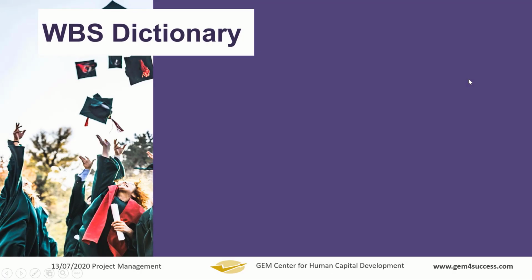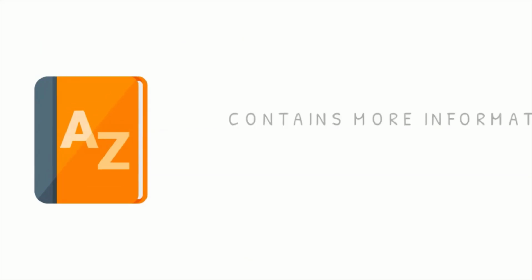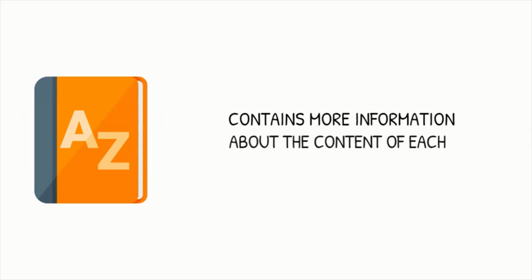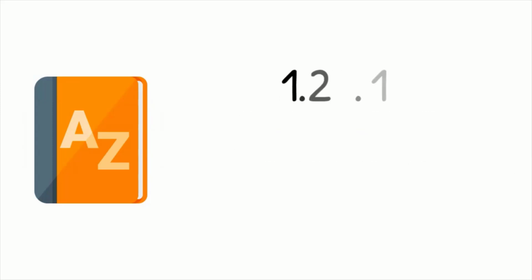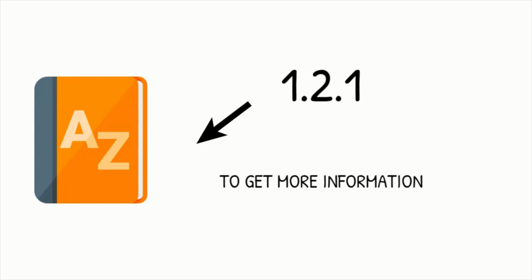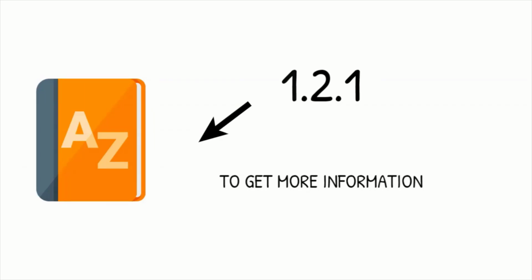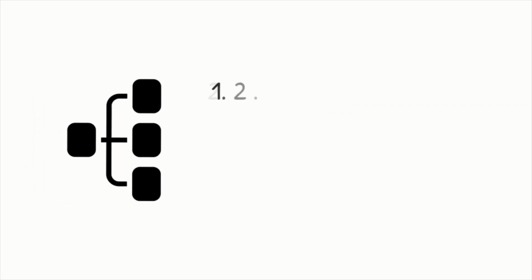Just as we explained earlier, your dictionary contains more information about the content of each element of your WBS. So for example, when you see 1.2.1 on the WBS, go to your dictionary if you want to get more information about that 1.2.1. Each component of your WBS is assigned a unique reference number, like the 1.2.1 that I mentioned.